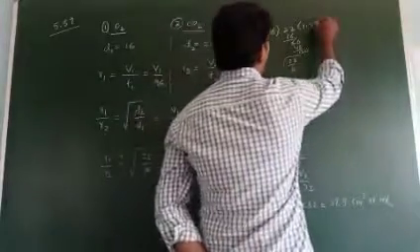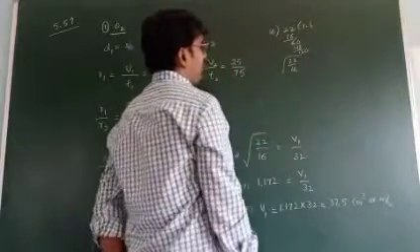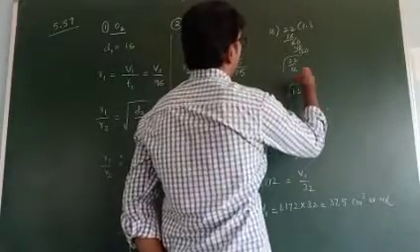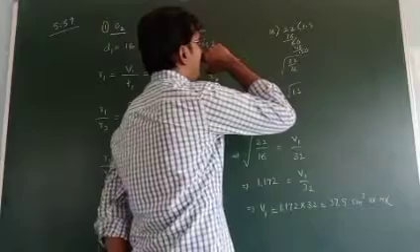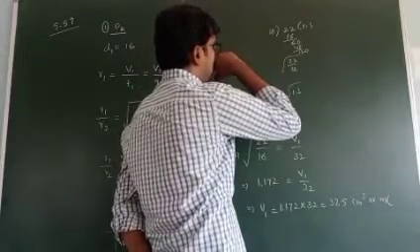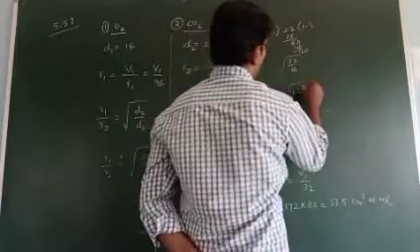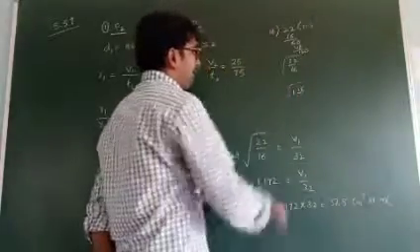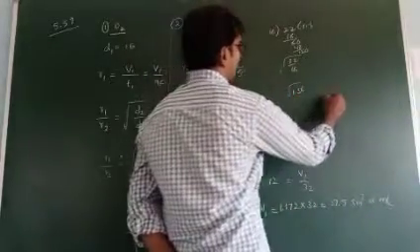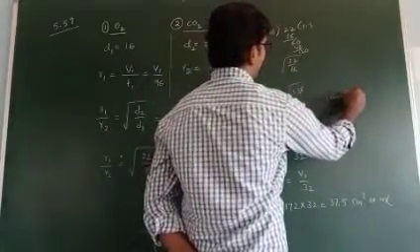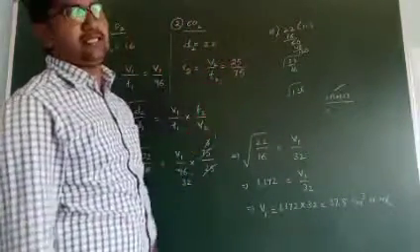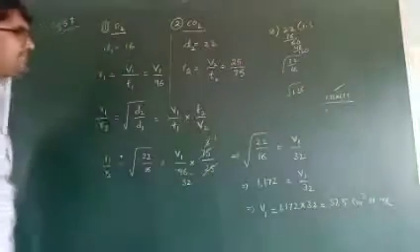So simply it is 1.3 something coming. Then root over 1.38: which value multiplied by itself gives 1.38? Approximately 1.17 into 1.17 gives 1.38. So calculate like this. This problem is completed.